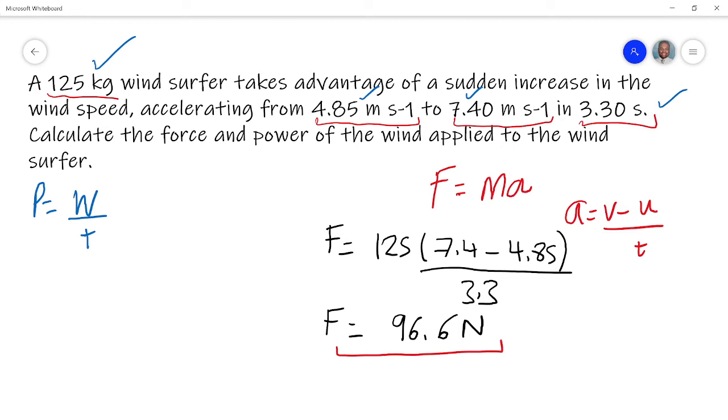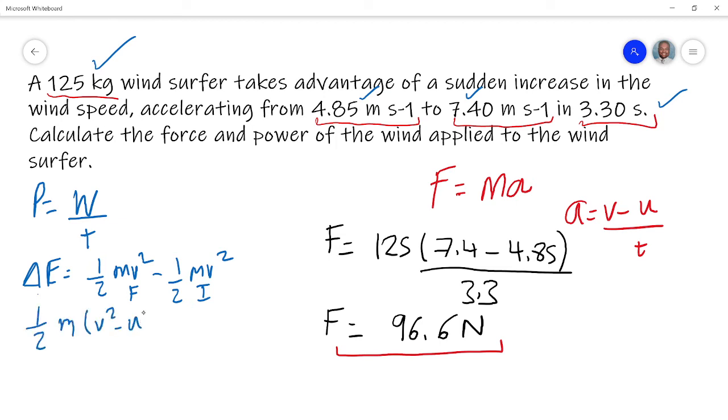So what we have here is a change in kinetic energy, which is half mv squared final, F for final, minus half mv squared initial. So that's what I would do in this situation. If you look carefully, we can factorize half m, so that's half m times v squared minus u squared.